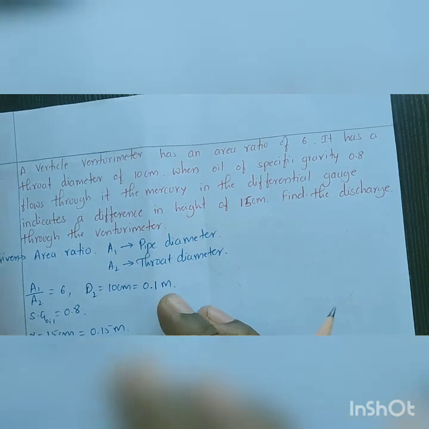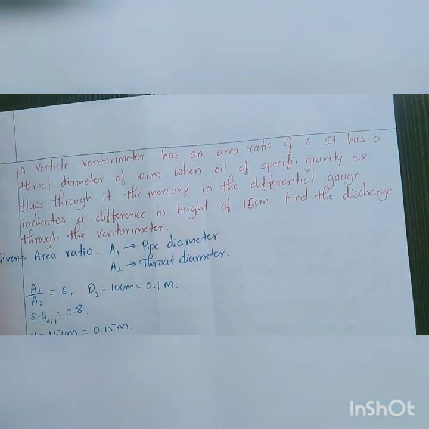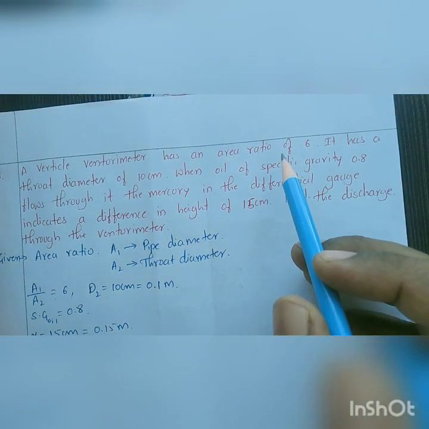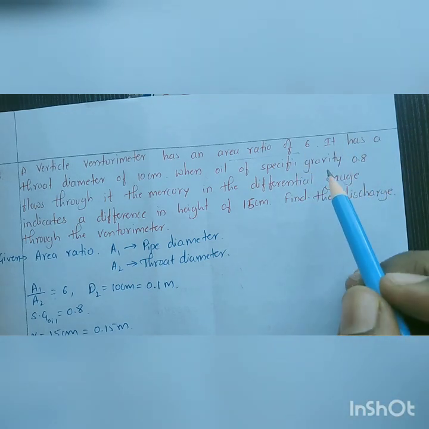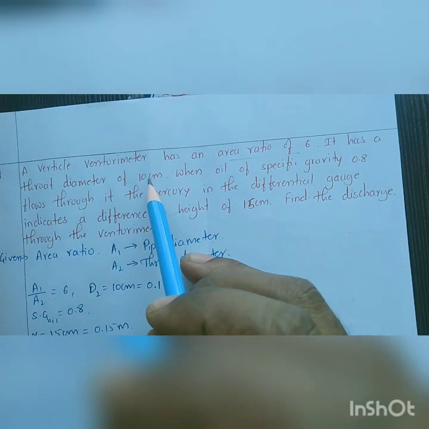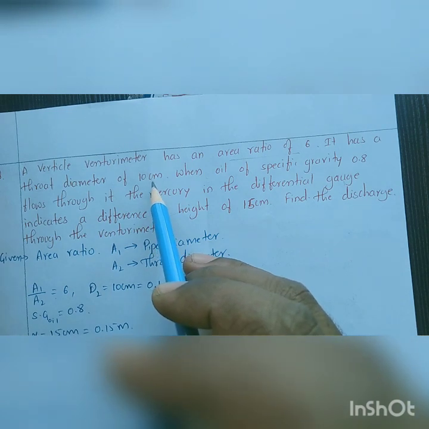A vertical venturimeter has an area ratio of 6. So here he has not given d1, d2. He has given the ratio of area, 6. It has a throat diameter of 10 centimeter. He has given the diameter of the throat, that is d2, 10 centimeter.